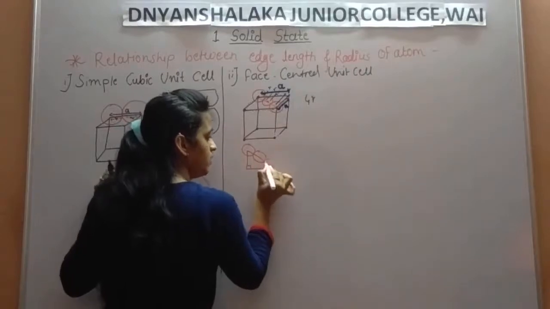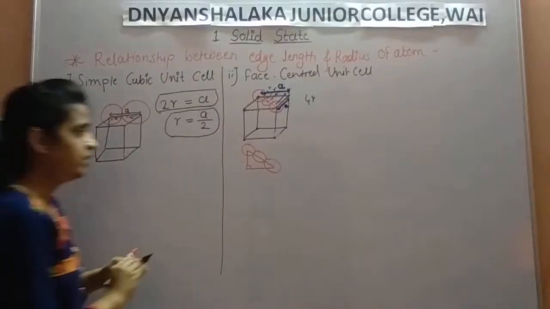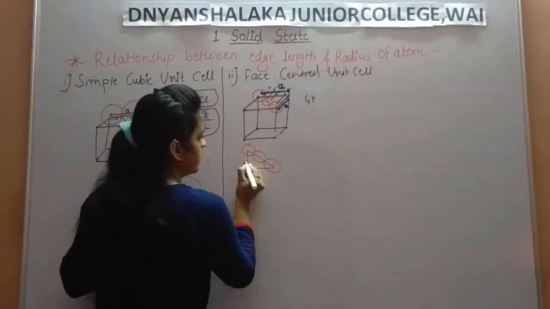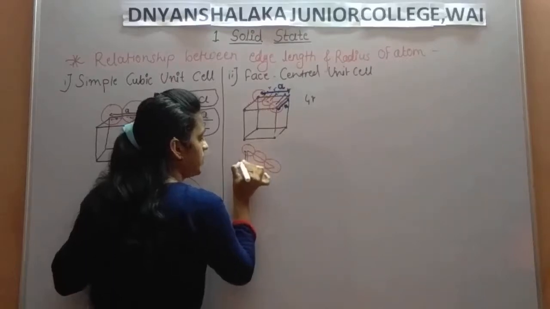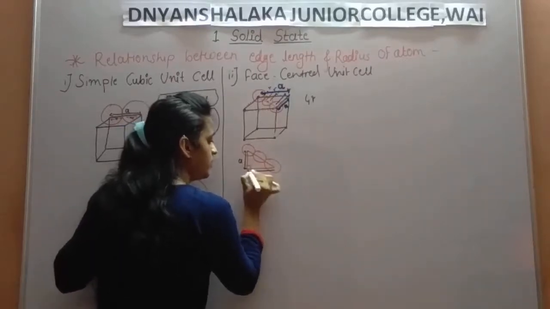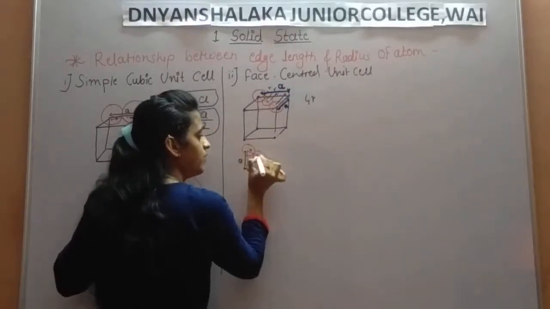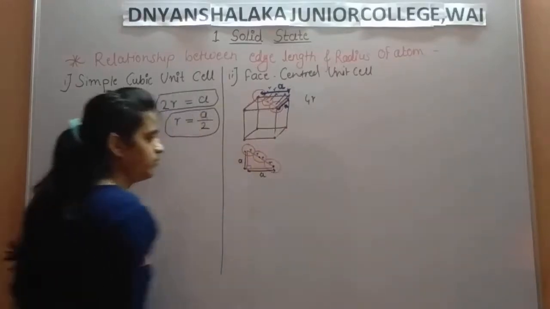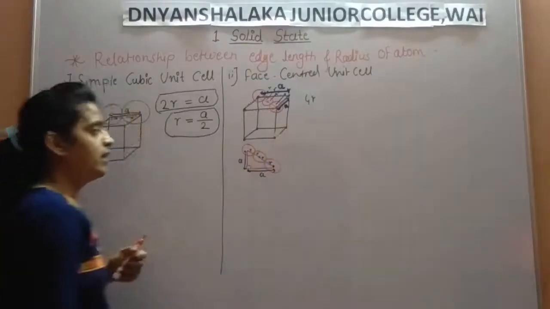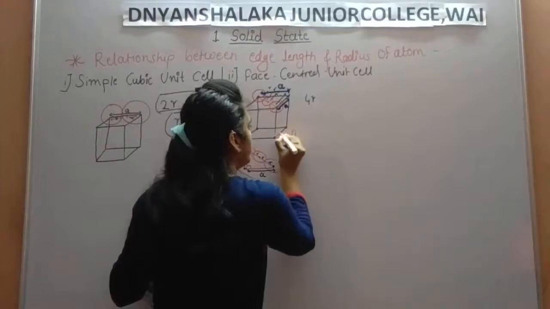This is the first A and this is the second A. The total radius: this is R, this is the second R, this is the third R, and this is the fourth R. So the total is 4R.